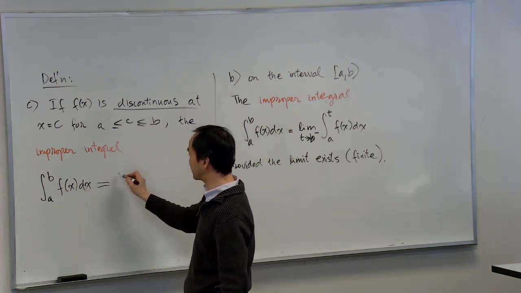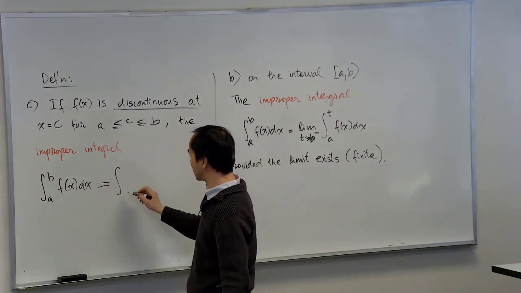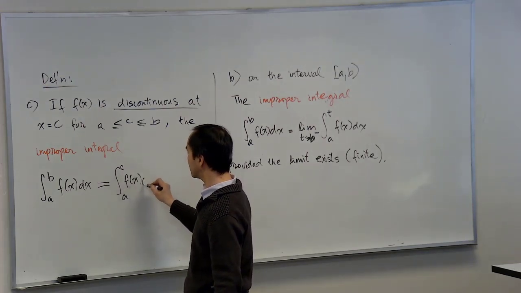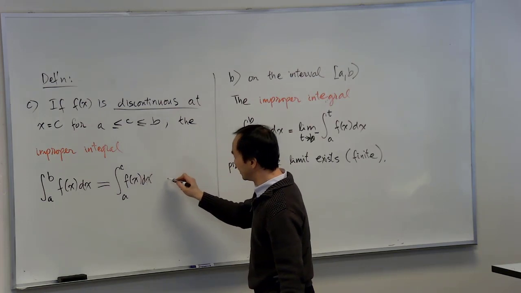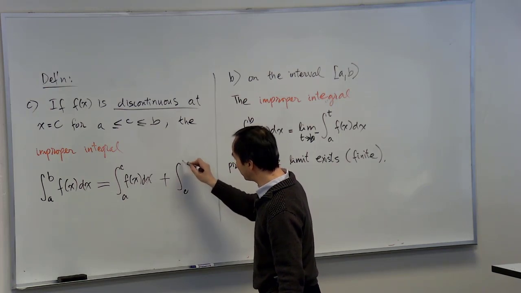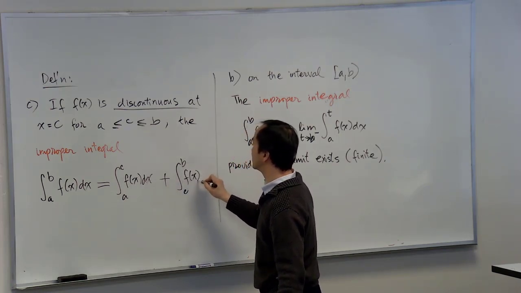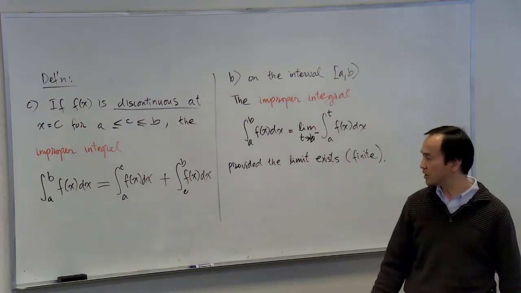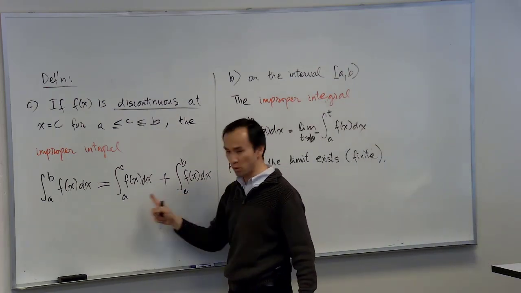So this is defined as one integral going from a to c of f(x) dx, and we add what it's defined as, the sum of the two separate works, from c to b, of f(x) dx. So doing this work means we're doing these two separate works.